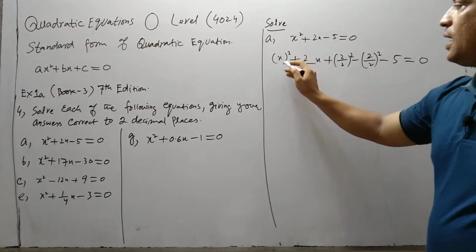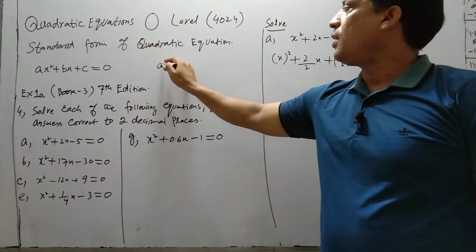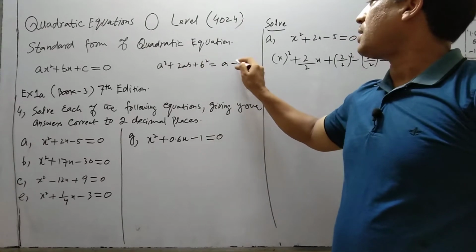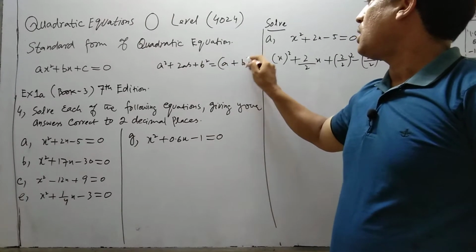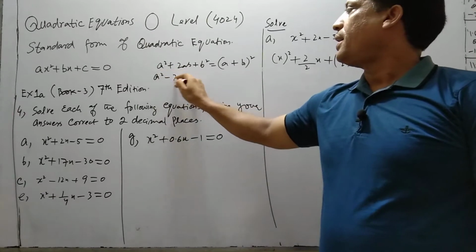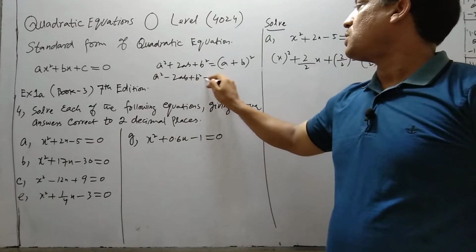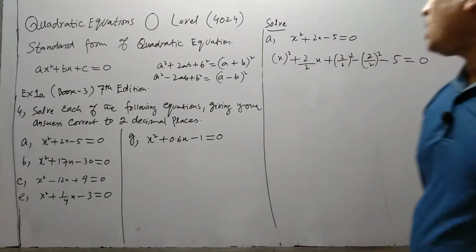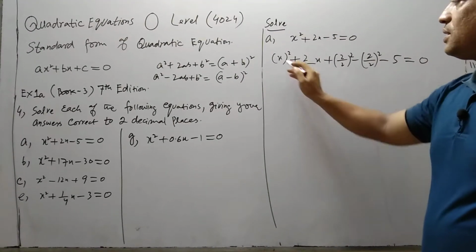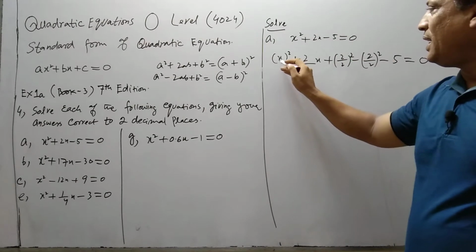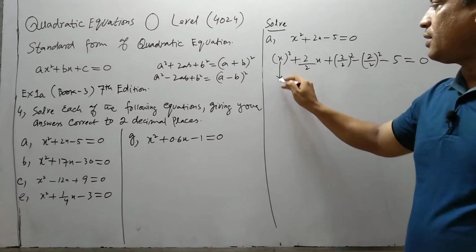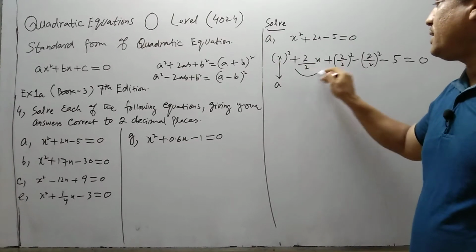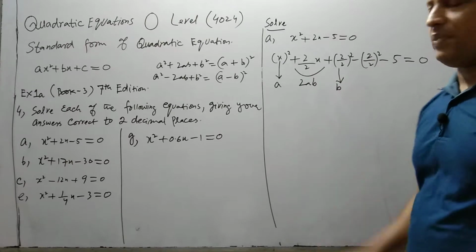So you have two formulae. a square plus 2ab plus b square is equal to (a plus b) square. a square minus 2ab plus b square is (a minus b) whole square. Now see what I told you in question number 3. This is your a, this is your b, and this is your 2ab.